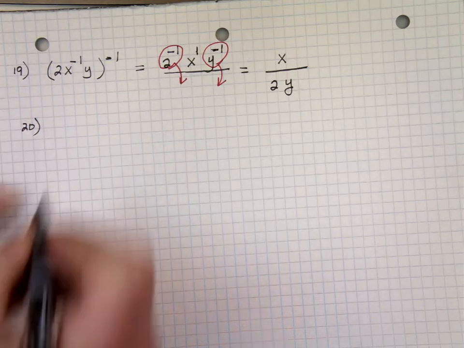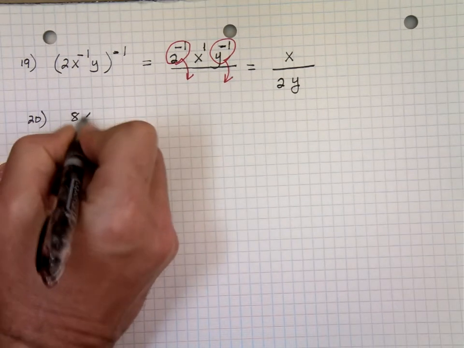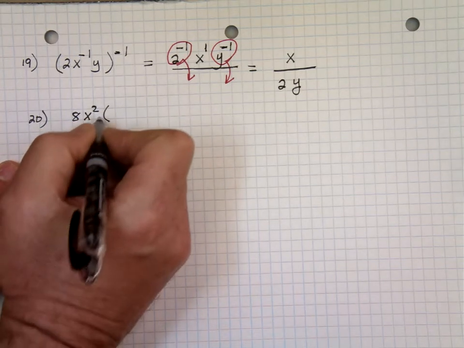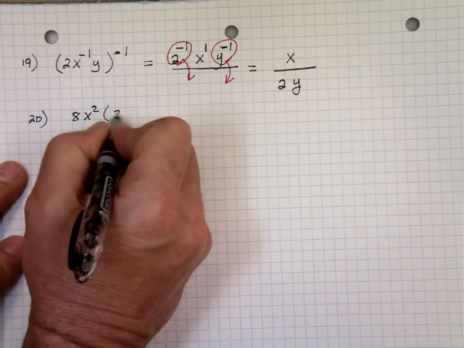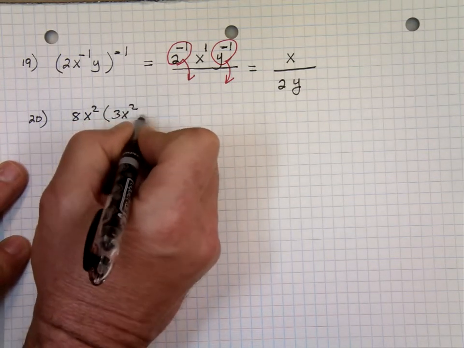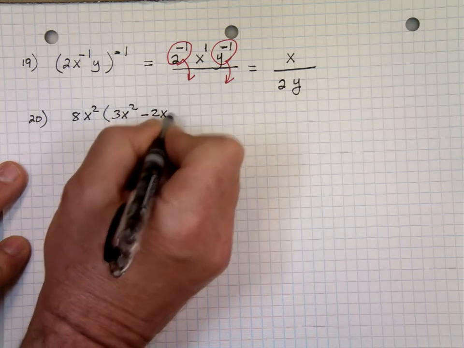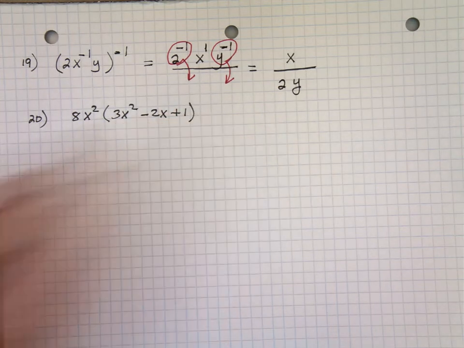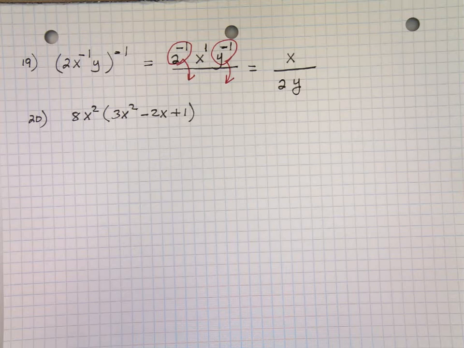Eight x squared times 3x squared minus 2x plus 1. Distribute that one.